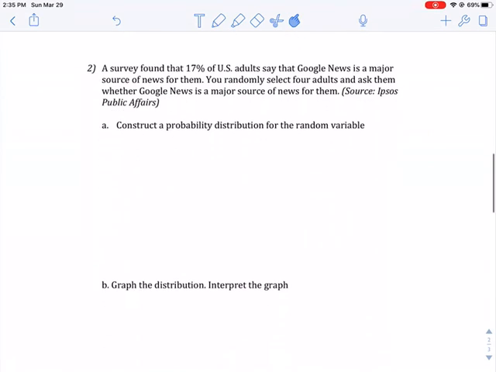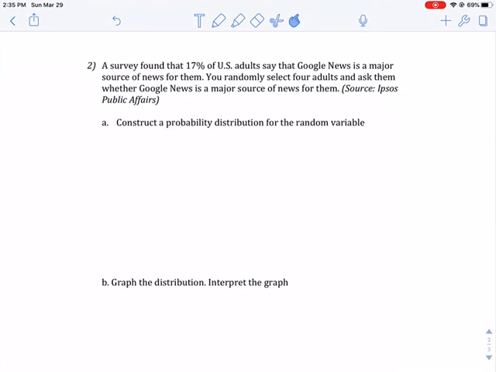All right, so let's try the next one. We have a survey here that 17% of US adults say that Google News is a major source of news for them. You randomly select 4 and ask whether Google News is a major source. So again, it's binomial. We have 4 people participating, so that's the number of trials. 0.17 is going to be our P. Our Q is going to be 0.83.